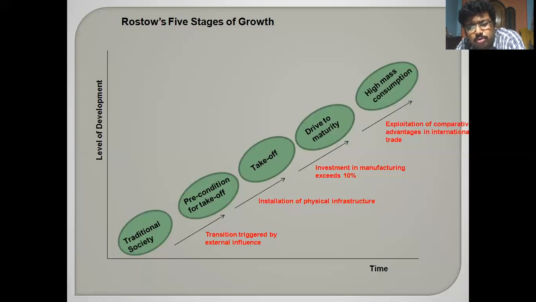Rostow, in his model, mentioned different sectors of the economy: primary growth sectors, supplementary growth sectors, the derived growth sectors. And you know what is the primary growth sectors.